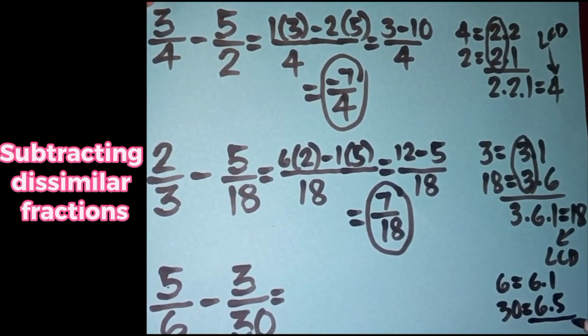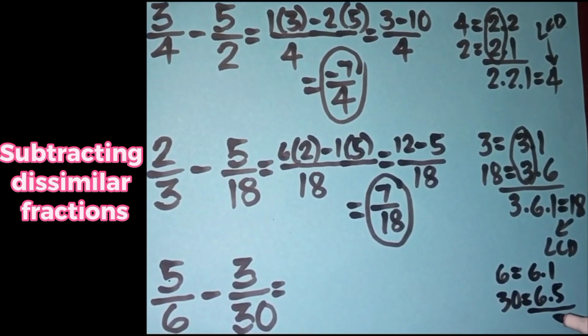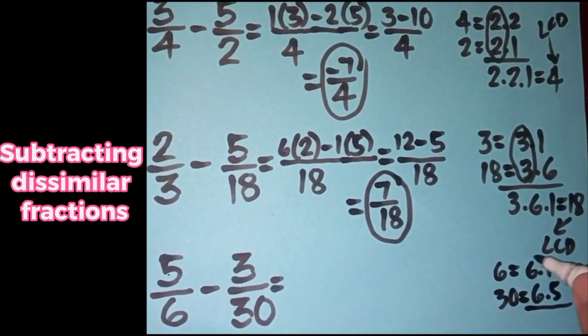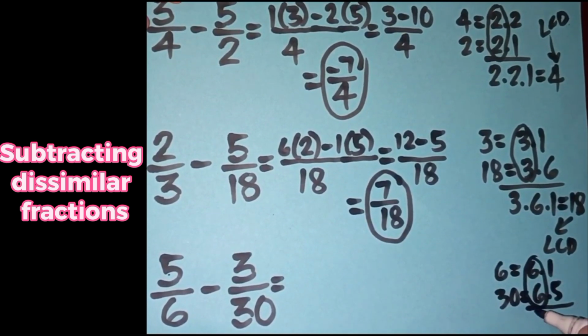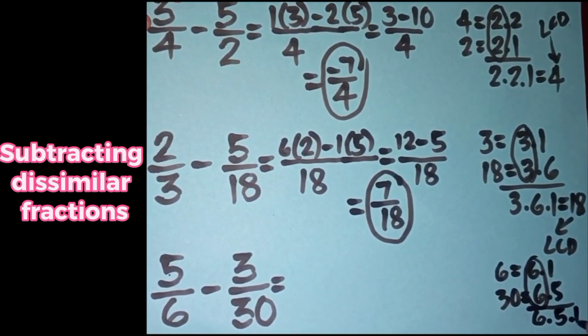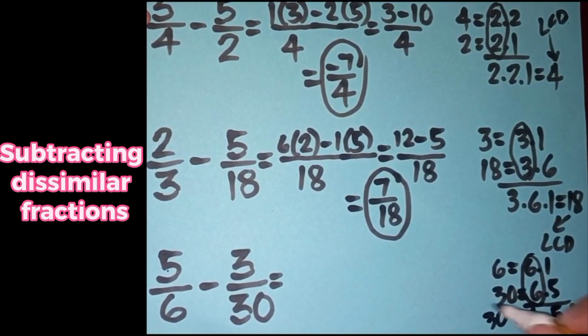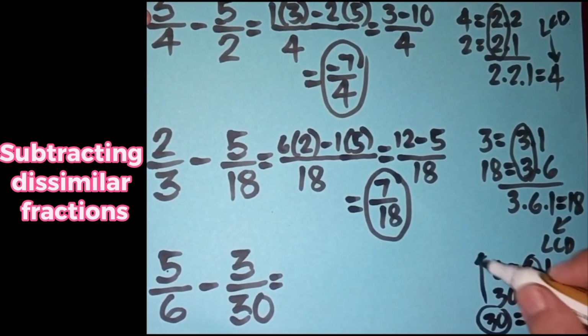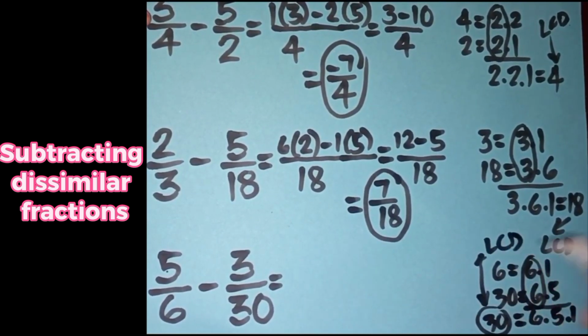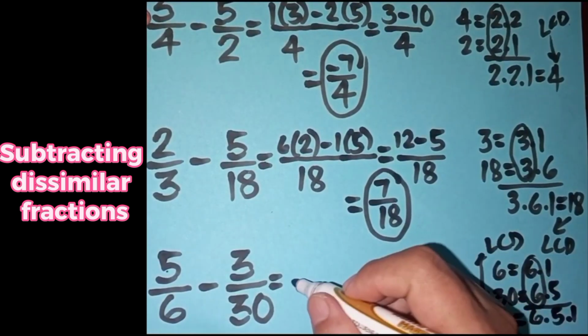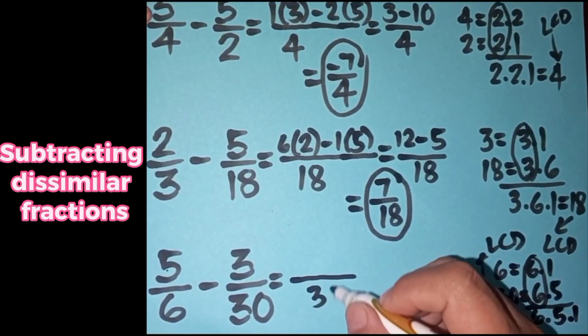So here we have a common factor, which is 6. So just write 6 times 5, the remaining factors, and 1. So 6 times 5 times 1 is equal to 30. So 30 is our LCD. So here we have 30 as our denominator.